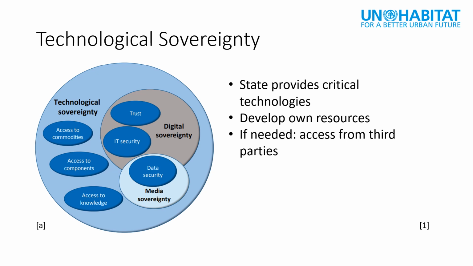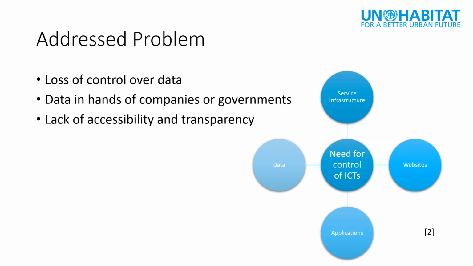And as you can see on the image on the left, technological sovereignty also includes the areas of digital sovereignty and media sovereignty, and therefore also includes the access to commodities, components, knowledge, and also IT security, trust, and data security.